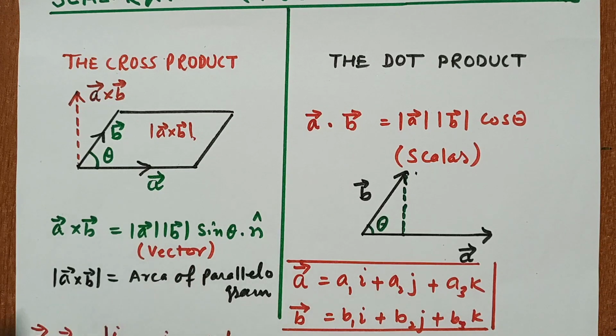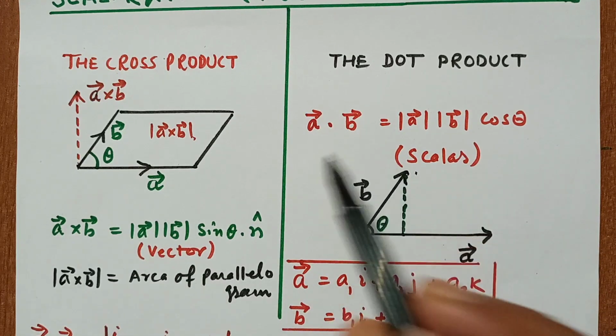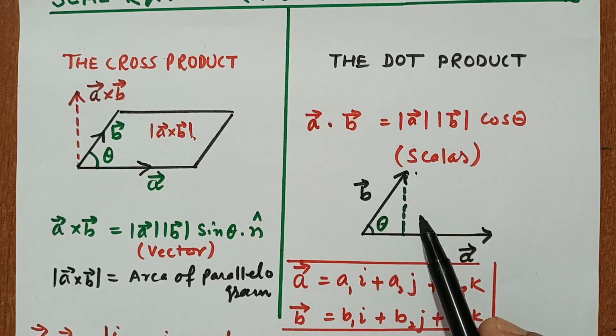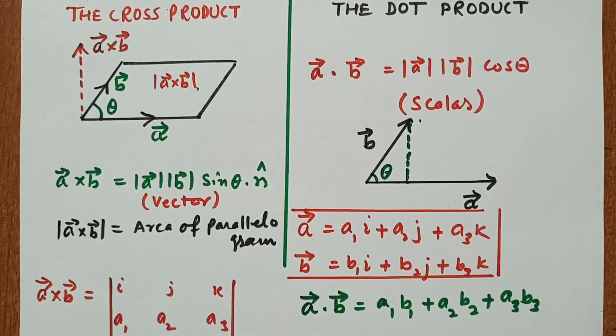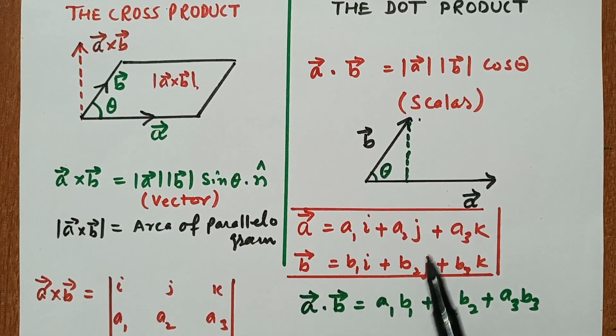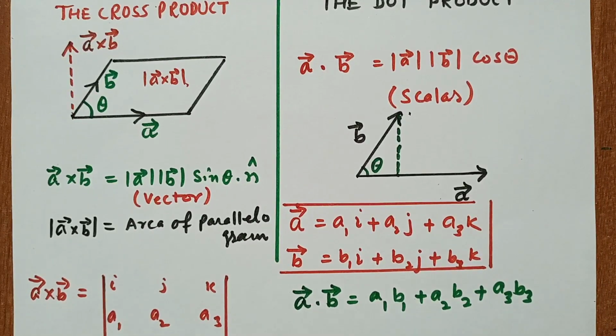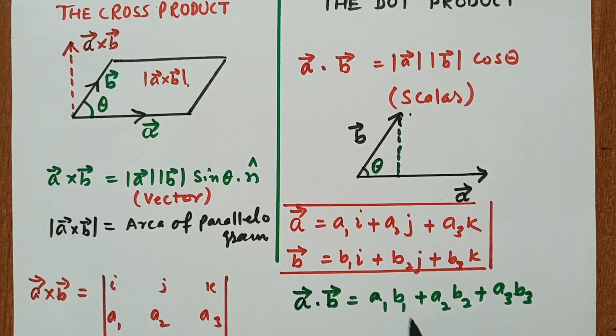If A is equal to A1i plus A2j plus A3k and B is equal to B1i plus B2j plus B3k, then A dot B is A1B1 plus A2B2 plus A3B3.